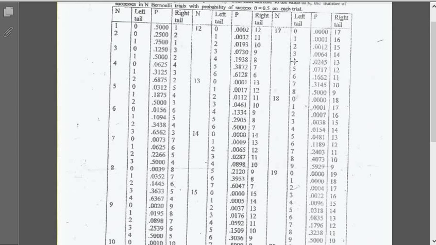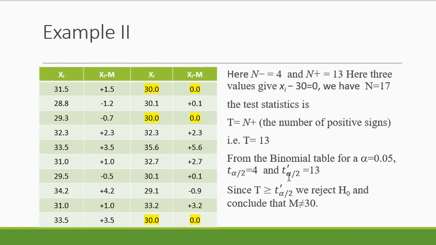So equivalently you have 4, and here it is 13. So n equal to 17, T alpha by 2 equal to 4, and T dash alpha by 2 equal to 13. You can easily get it from the table. So that is given here.